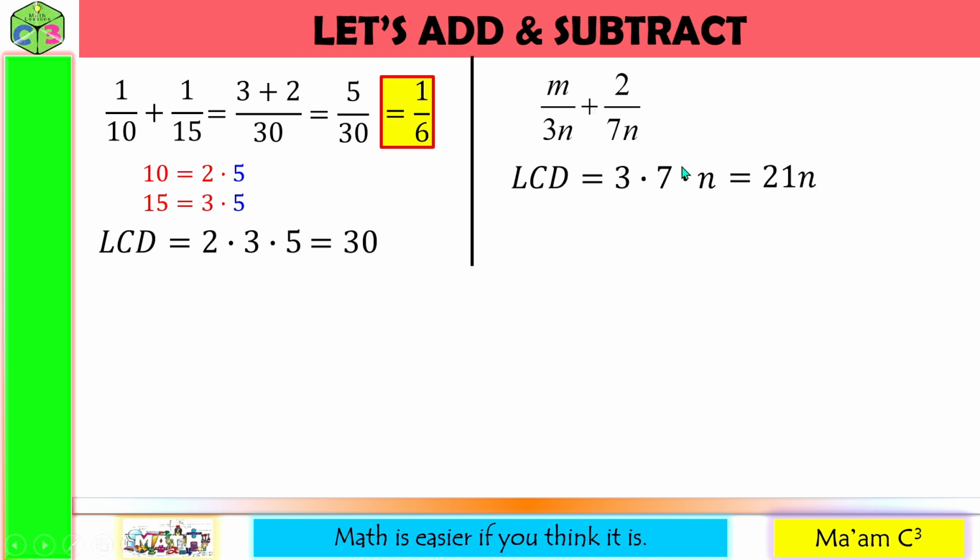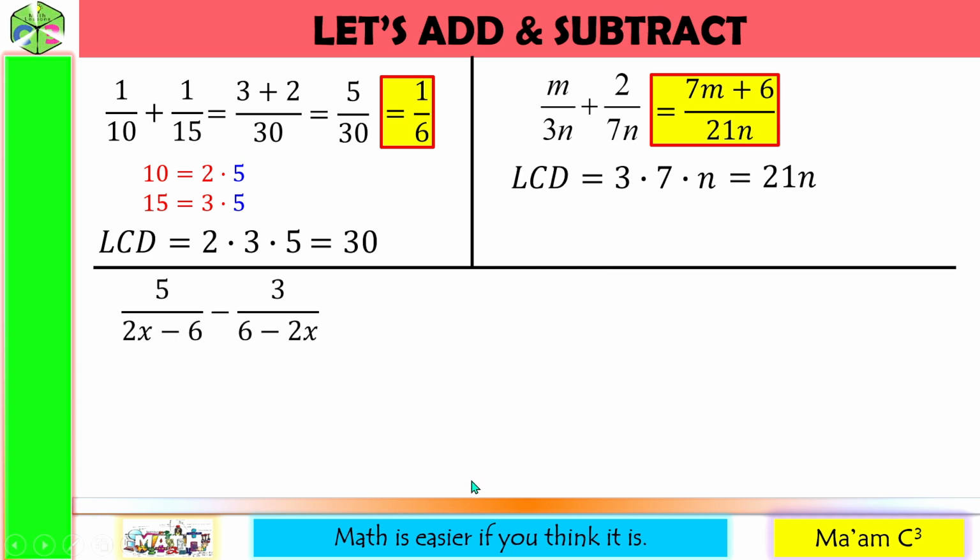Let us perform the addition. 21n, our LCD, divided by the first denominator, 3n, will give us 7 times m is 7m. 21n divided by 7n will give us 3 times positive 2 is equal to 6. Since there is no way to express this in simpler form, this will be our final answer.